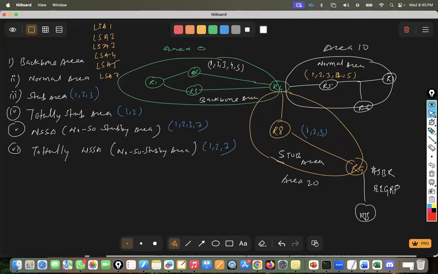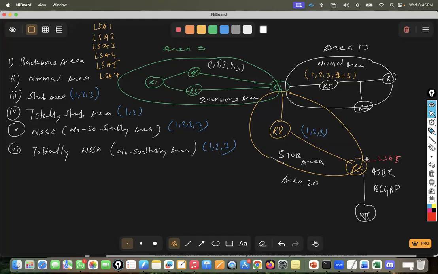Then what kind of LSA is it going to generate? External. LSA 5, not 7. The external is LSA 5. So this is the stub area.